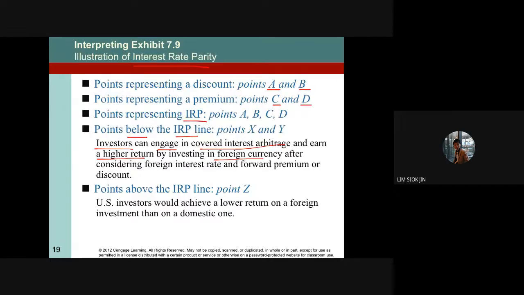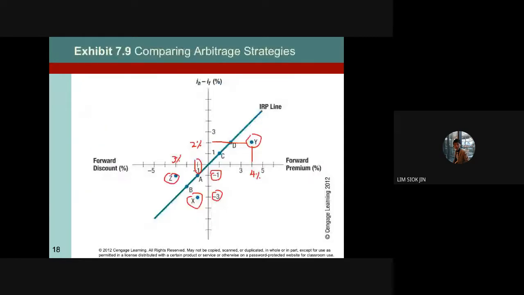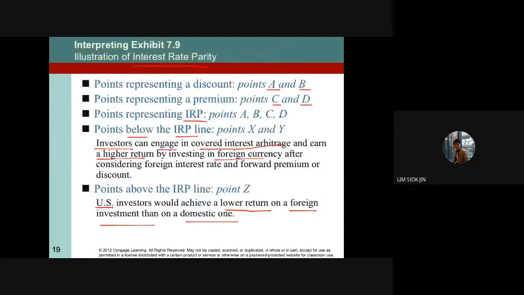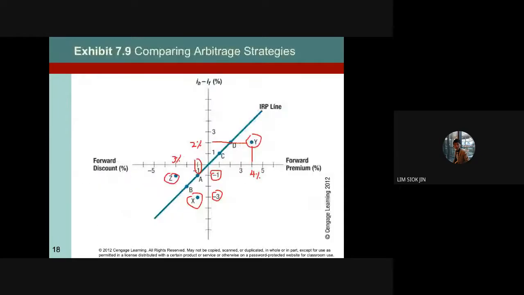Right. So in this case, US investor will achieve lower return on foreign investment than domestic one. All right. Point Z.